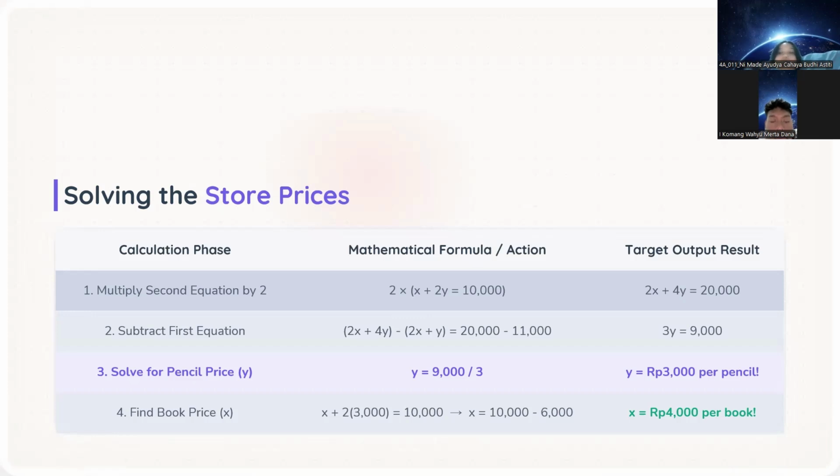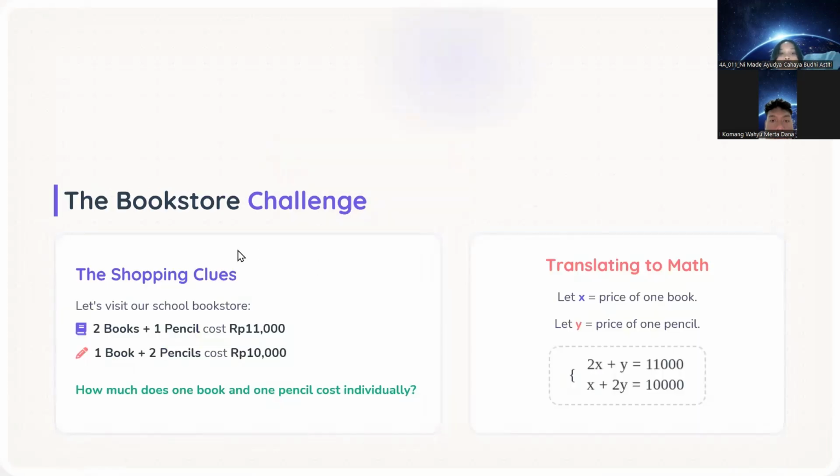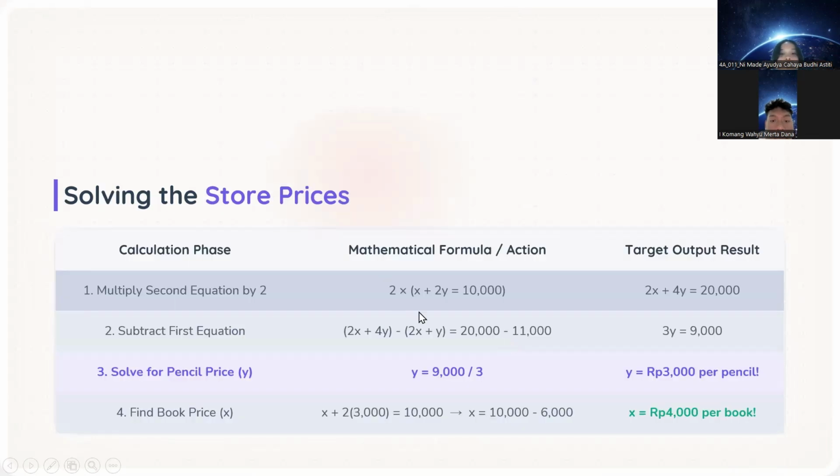3,000. And then we substitute into the second equation, which is x plus 2 times y equals 10,000, and then we get x plus 2 times 3,000 equals 10,000, and the value of x is equal to 4,000.